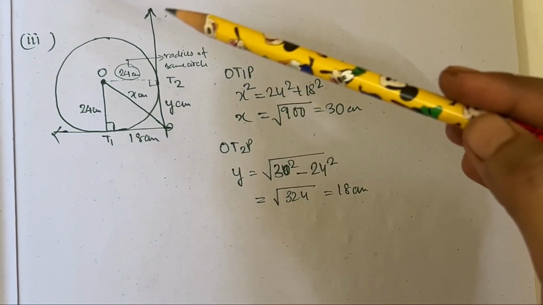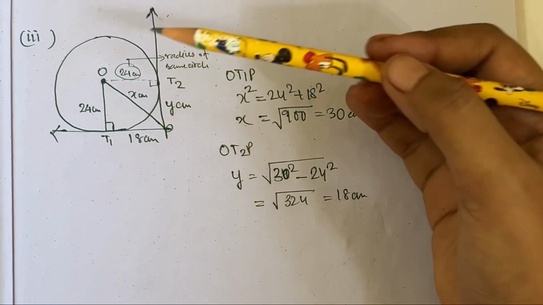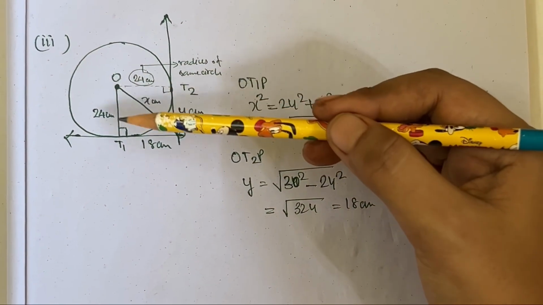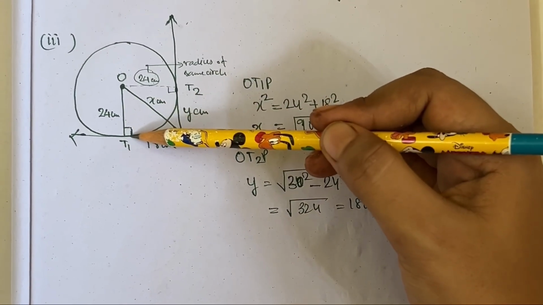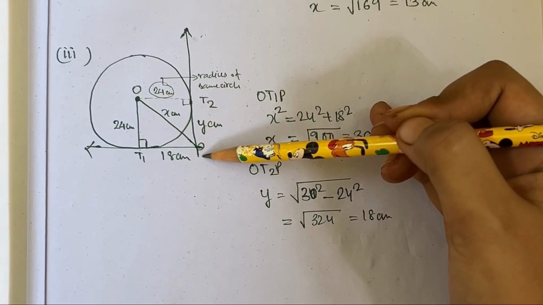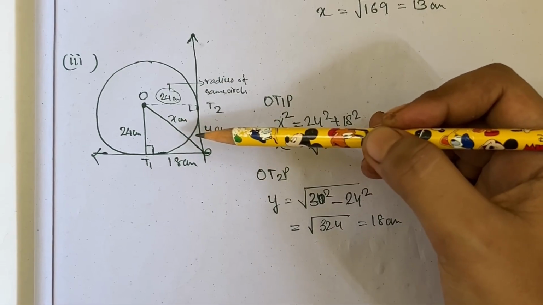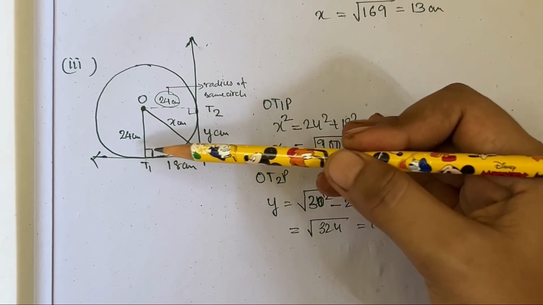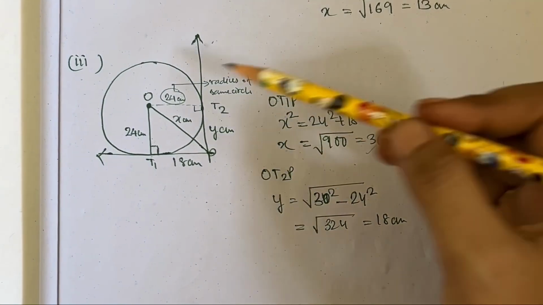This is the figure that is provided for 6-3. Now for triangle OT1P, it forms a 90 degree here. So OT1 is the radius and OP is the hypotenuse. Now x square will be equal to 24 square plus 18 square. So x will come as 30 centimeter.